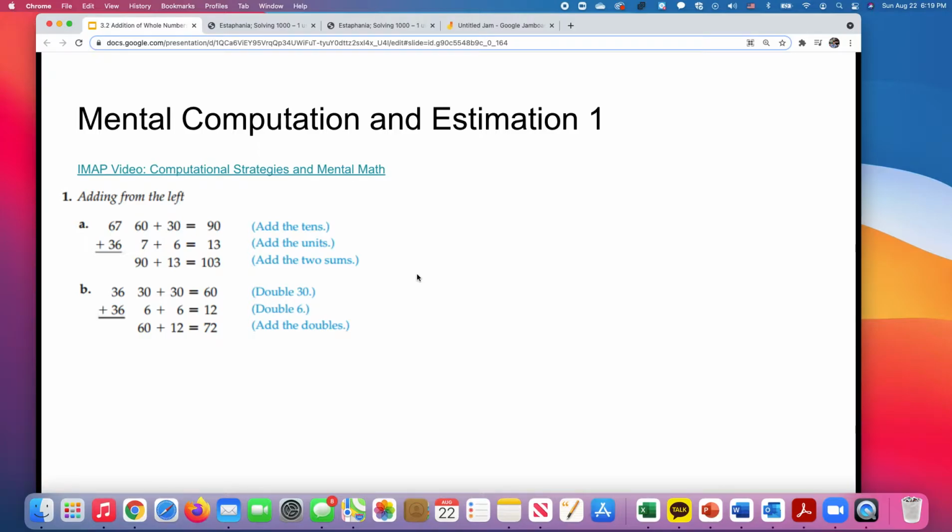Okay, so the first one is adding from the left. I think I mentioned this earlier, in the last video. So usually when you are given numbers like this, students start adding the first digits first, going from left to right. It's just like when you are given money and you are counting them. You are adding two bunches of money together.